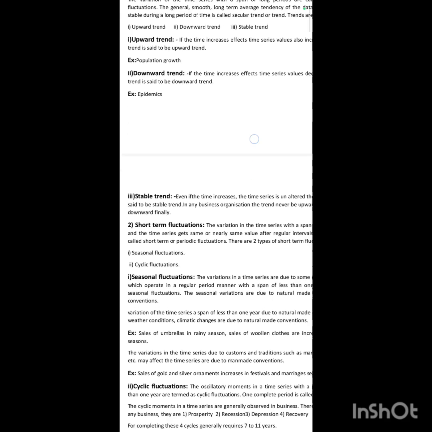The upward trend example is population growth. Another example is the prices of gold and petrol, which keep increasing day by day. Next, downward trends: as time increases, the values decrease, like profits, losses, or income levels of a family. Next is the stable trend, as in business trends.